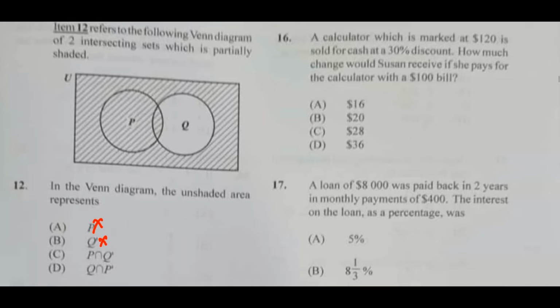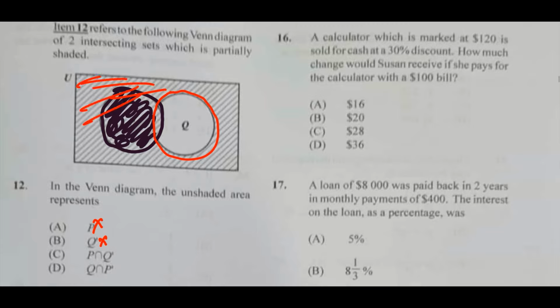Let's look at the set P intersect Q complement. Let us shade the set P. This is the entire set P. And let us look at Q complement now, which is everything outside of Q. I normally do this to help me identify the set Q. So based on that, we realize that this gives us the answer for the shaded part.